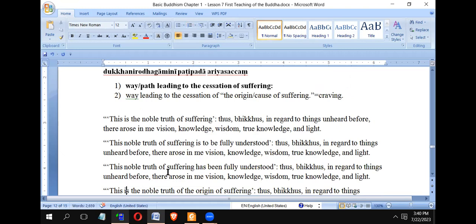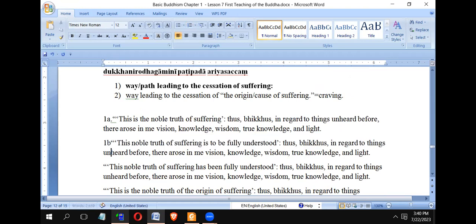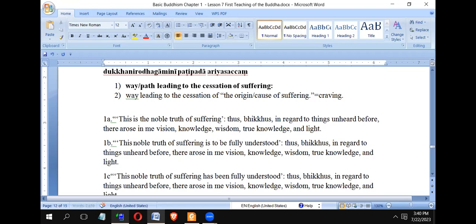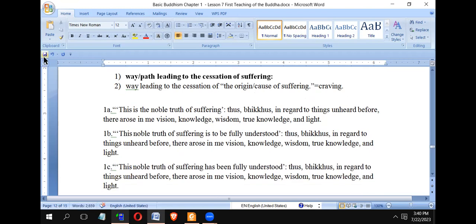After that, the Pali is actually quite nice to memorize, because the English, if you notice, repeats. We have 1A, 1B, 1C. So this is the noble truth of suffering, bhikkhu, in regard to things unheard before.